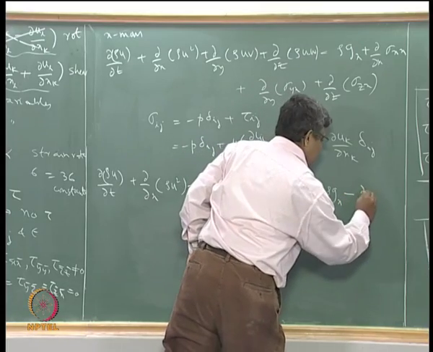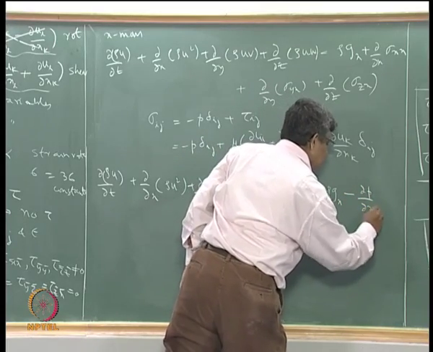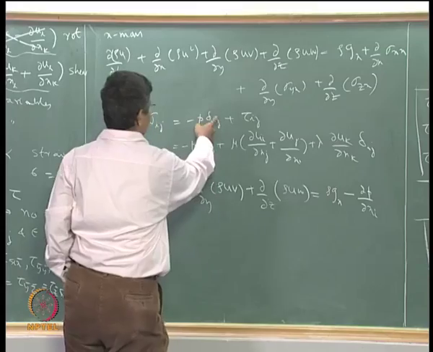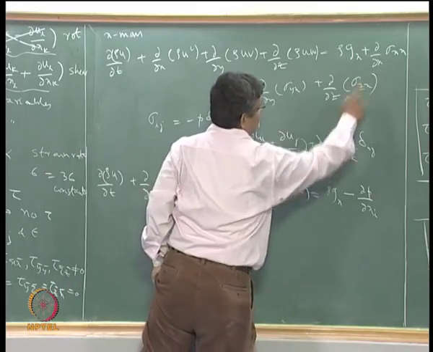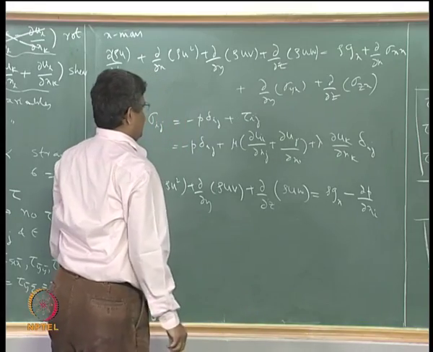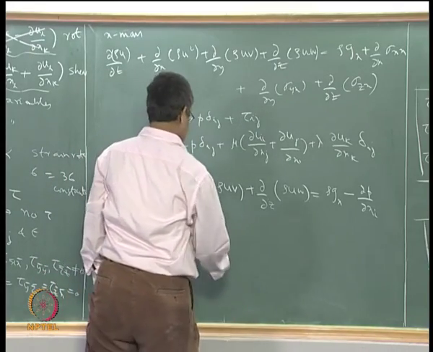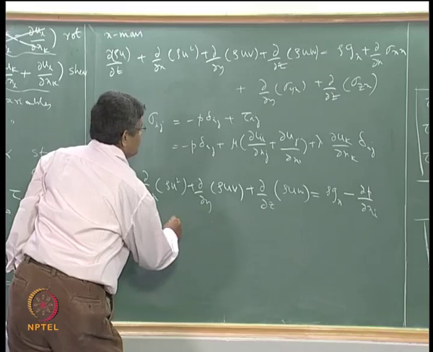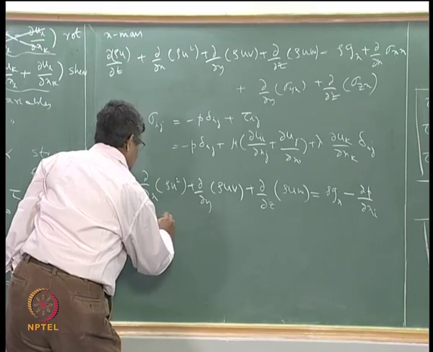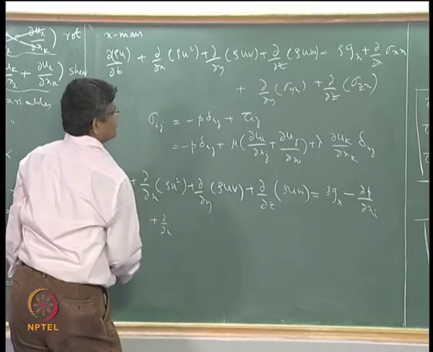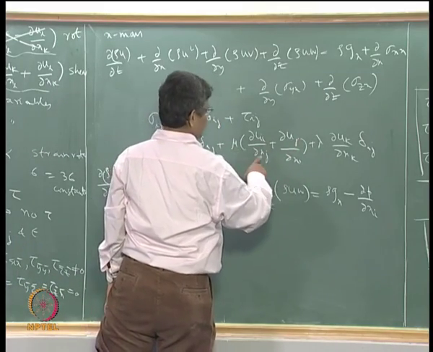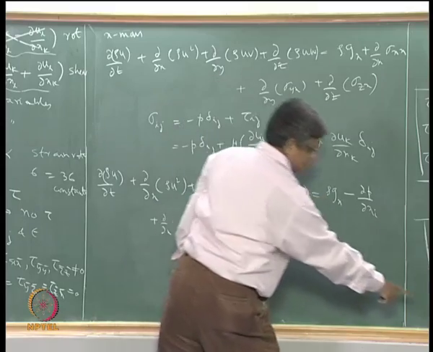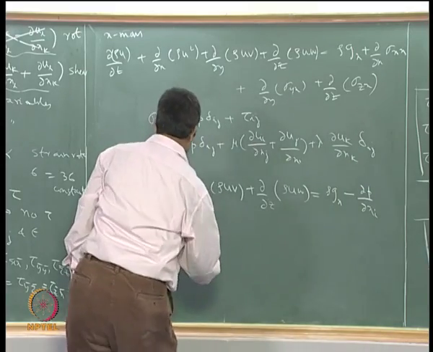That gives us minus dou p by dou x, that is this term, and this particular term will come into all these things. Dou by dou x of sigma xx, tau xx is written here.